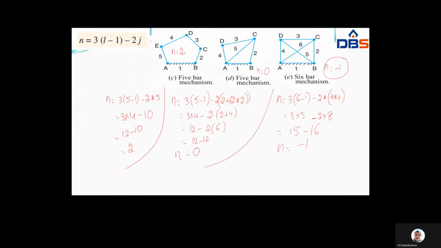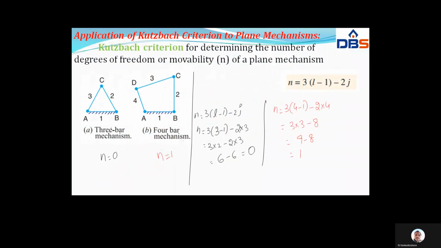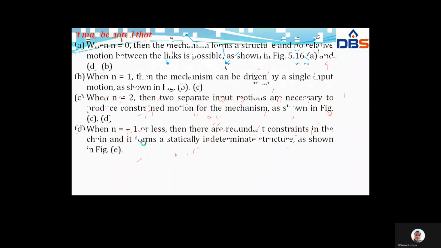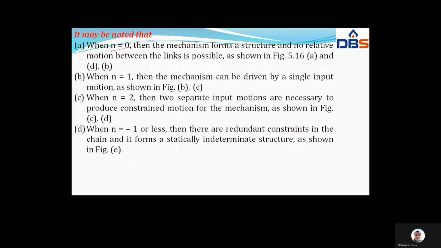See here, 0, D and A. In the figure, A and D, we are getting the number of degrees of freedom as 0.